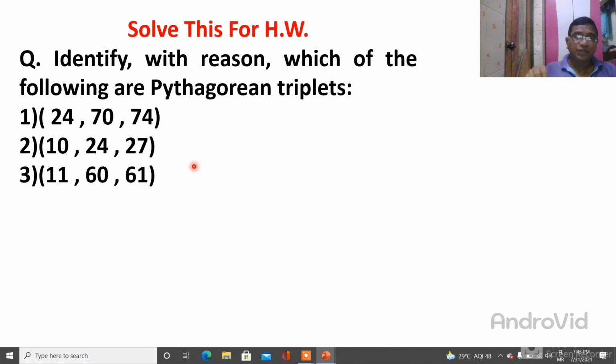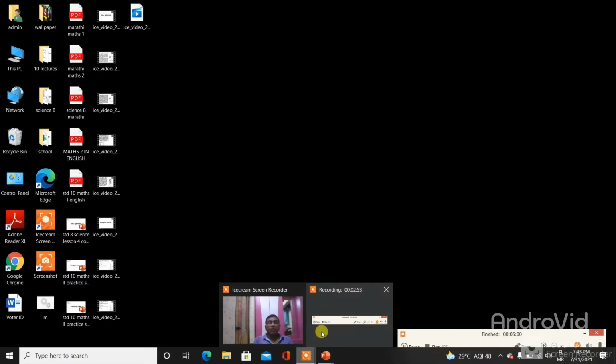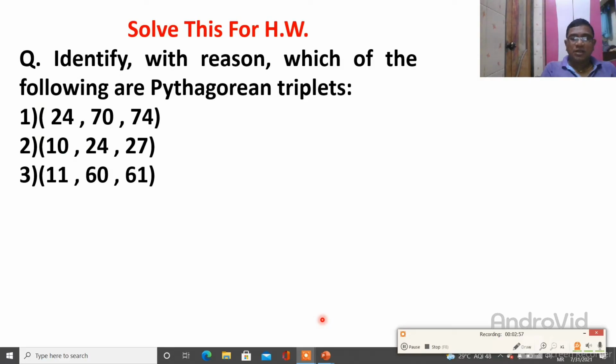And write the Pythagoras theorem 3 times in the homework notebook, and also these 3 problems, and keep it. When I say come for checking, come with your notebook, and I will check it and give corrections, and you must correct them.